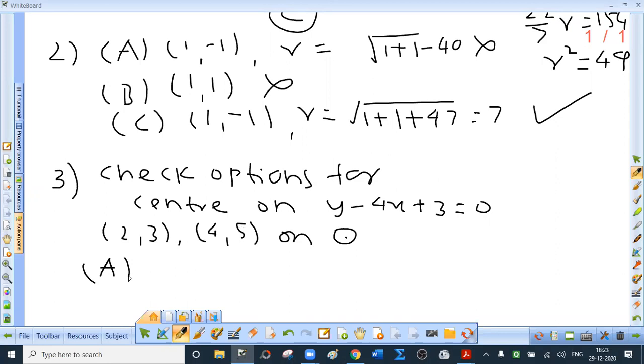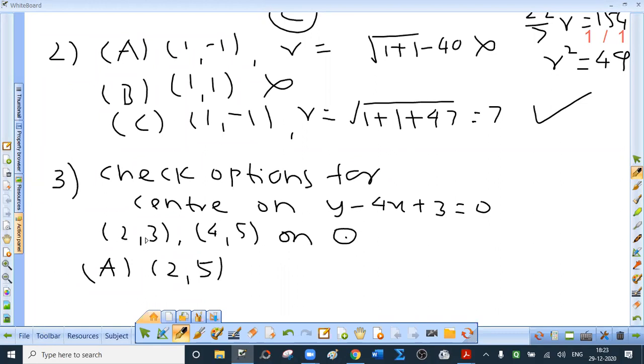You should be able to obtain the center orally. What is the center? 2, 5. Does 2, 5 lie on the line y minus 4x plus 3 equal to 0? 5 minus 8 plus 3 equal to 0. Yes. Now don't declare that A is the correct option. See whether 2, 3 and 4, 5 lie on the circle or not. Let us check for 2, 3.